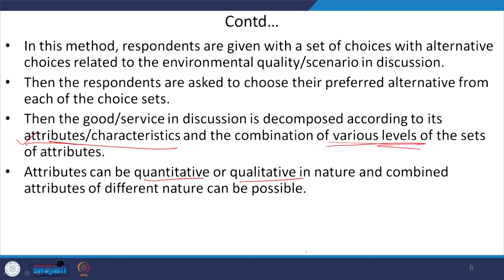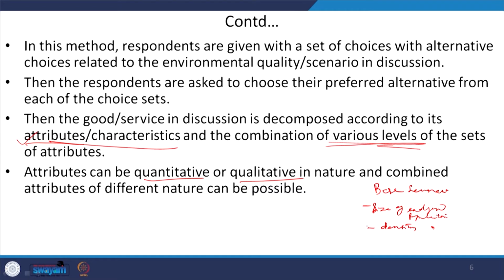So, when you are creating this scenario, the original or base scenario, let us say, is the size of the population, the size of this endangered population, then the density of the populations.